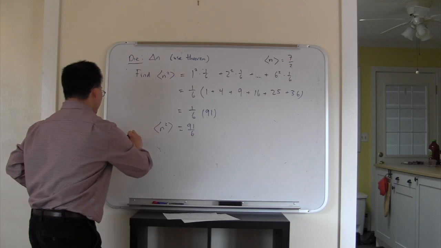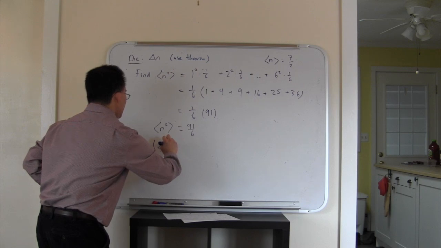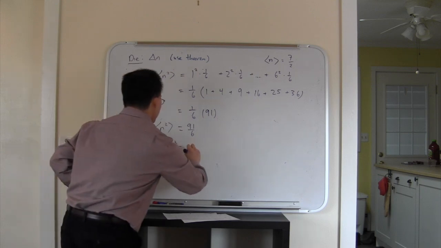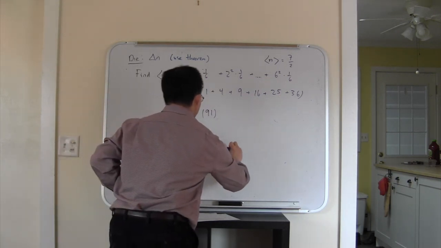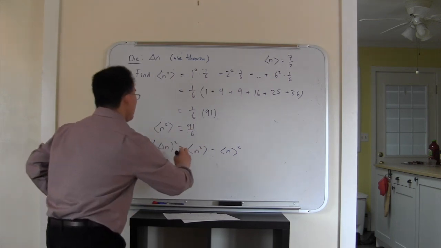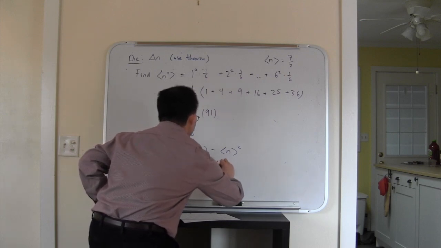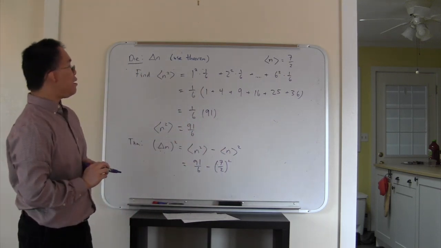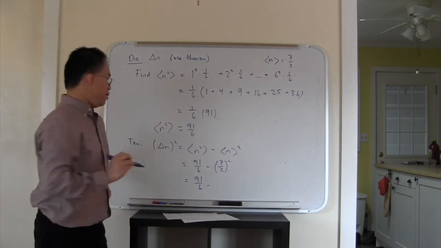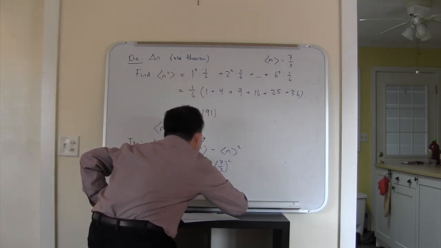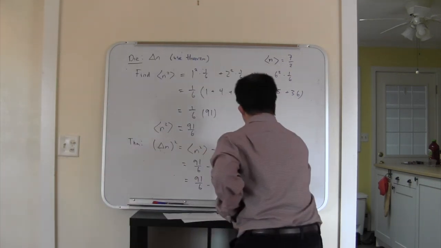Then by our theorem, our variance delta n squared is given by the average value of n squared minus the average value of n, quantity squared, which is going to be 91/6 minus 7 halves squared, that's 91/6 minus 49/4. Now we just have to simplify this.